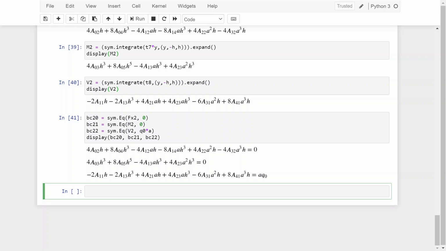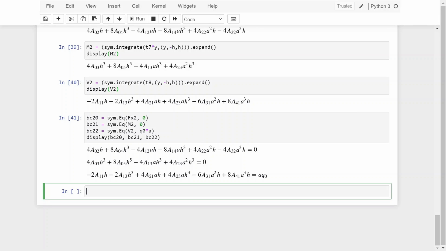Okay, so we are at the stage where we have in our hand 25 linear simultaneous equations involving the various coefficients a with the various subscripts, and we have to solve these 25 equations to obtain these values. Okay, in terms of the given parameters q naught, a and h.